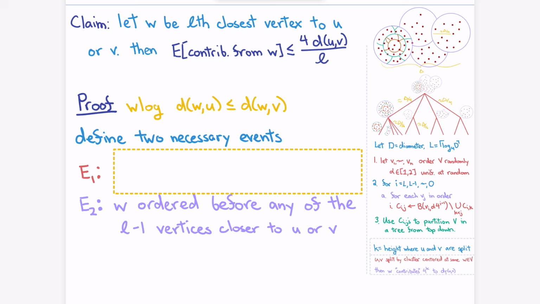Otherwise, that closer vertex, for every particular radius, will try to scoop out u or v first, because it's always the same radius. The closer vertices, if ordered first, will either scoop out both u and v before W gets to it, or split u and v before W gets to it. So that's where the divided by L ultimately comes in.